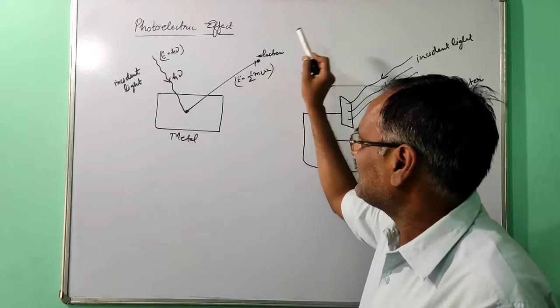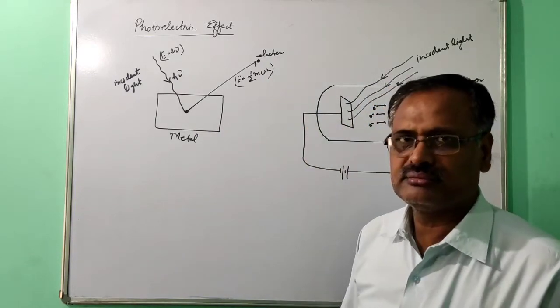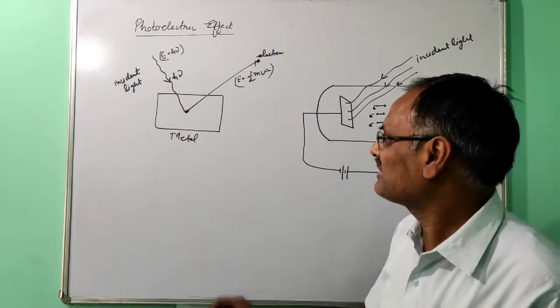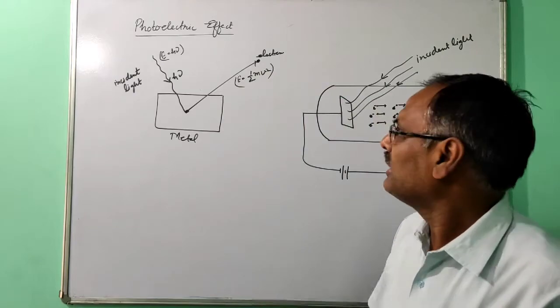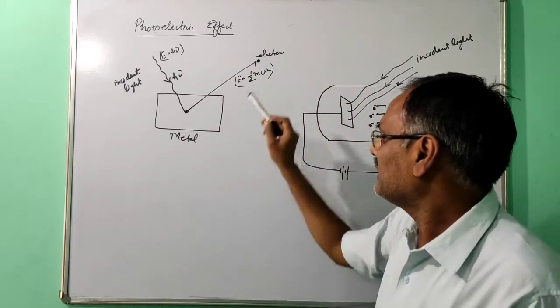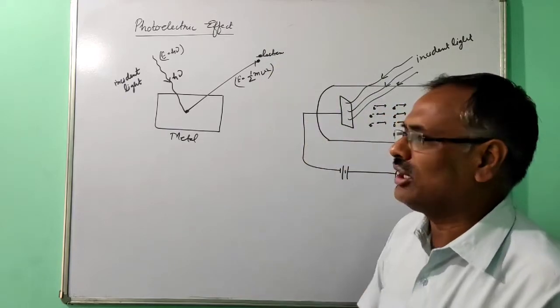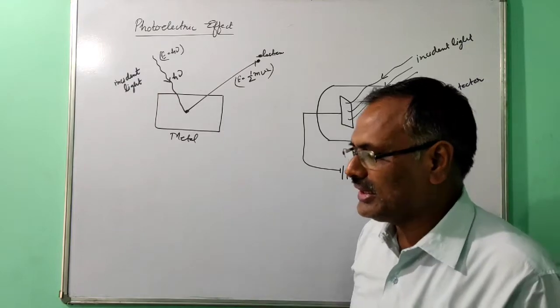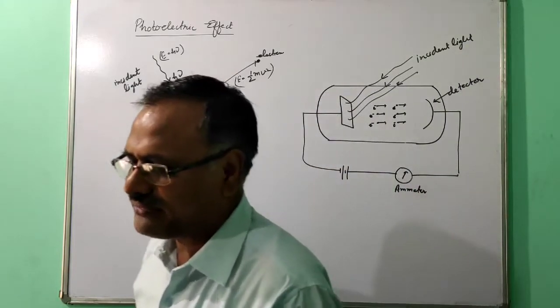Electrons are ejected from the metal. When a beam of light falls on a metal surface, electrons are ejected. These ejected electrons are called photoelectrons, and this phenomenon is called the photoelectric effect.